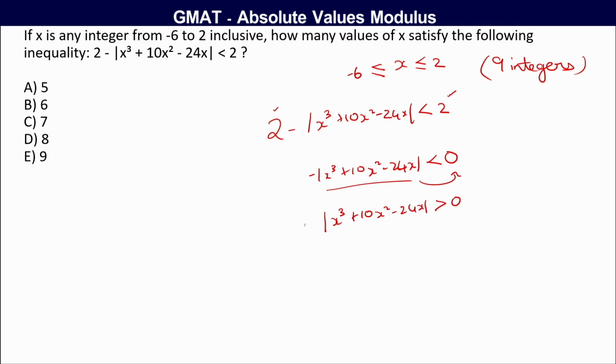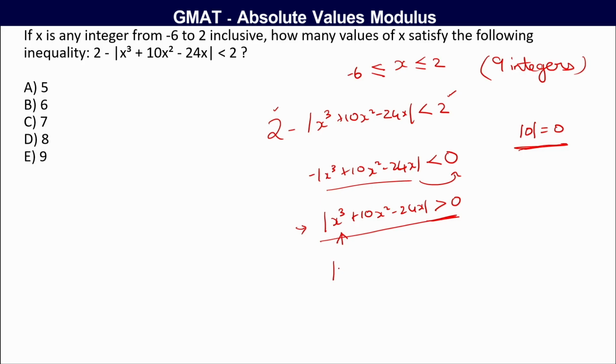We know that modulus always gives us a positive number, but modulus of 0 will be equal to 0. Here the inequality only says greater than 0, it does not include the 0 value. So this inequality will hold only as long as there are positive values inside our modulus. If there is 0, then it is equal to 0 and it does not satisfy.